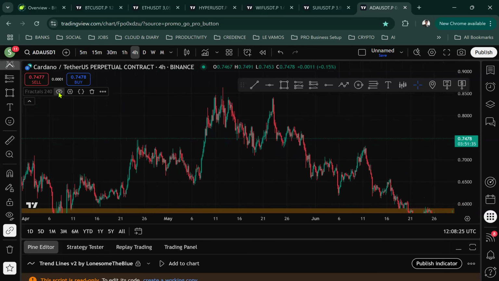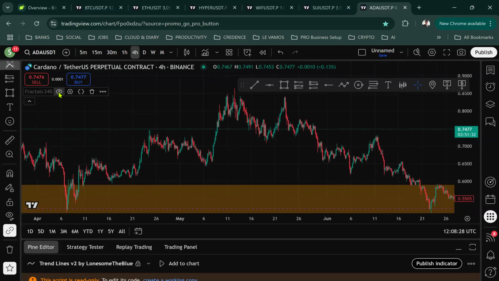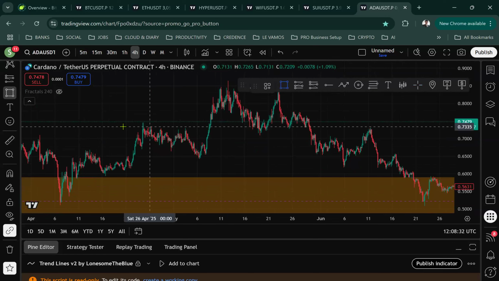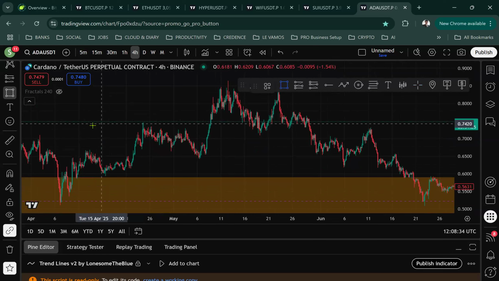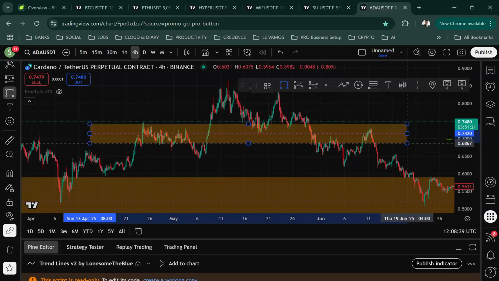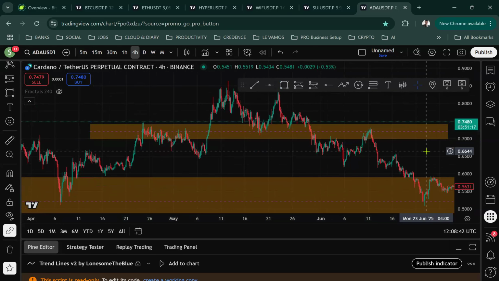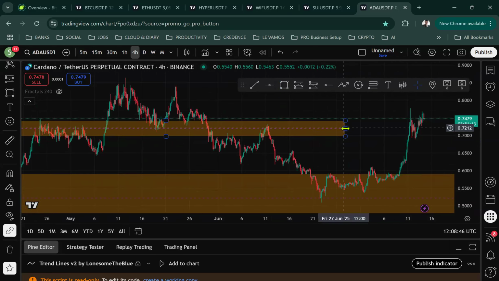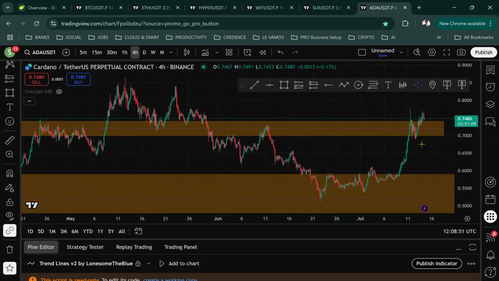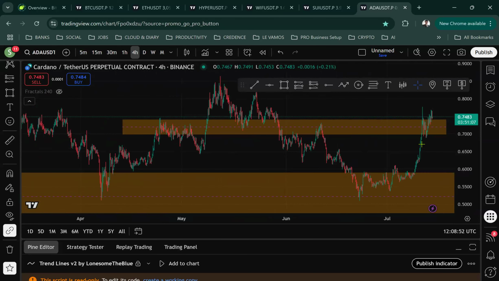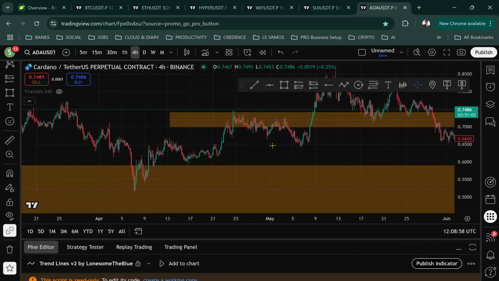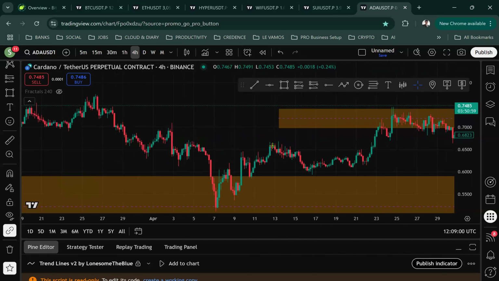So here I can say this is a key level, the mix of this one. Now I'm just drawing the structure from here.